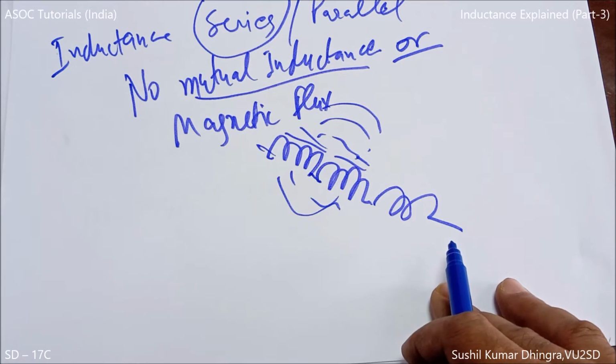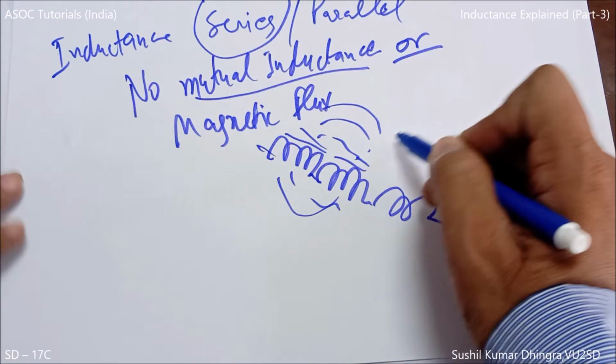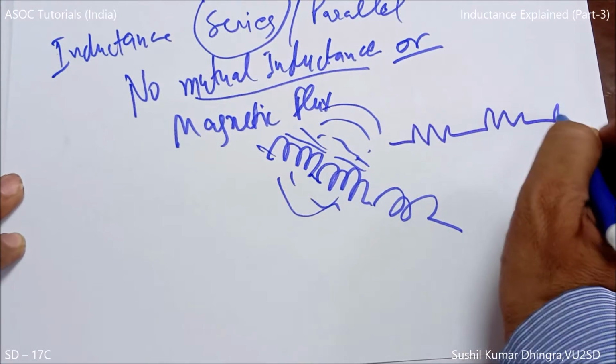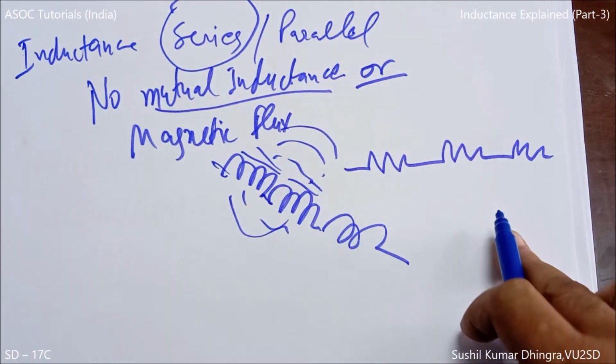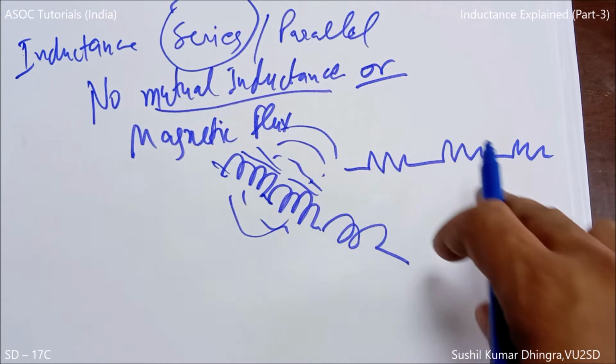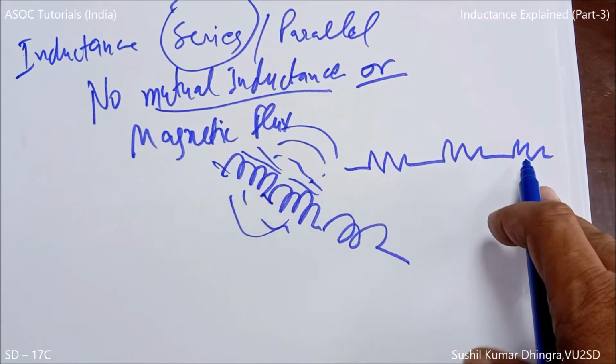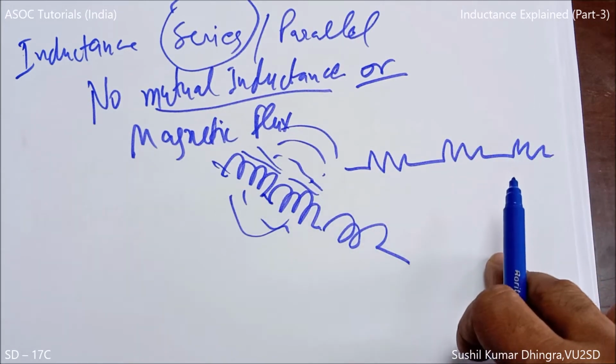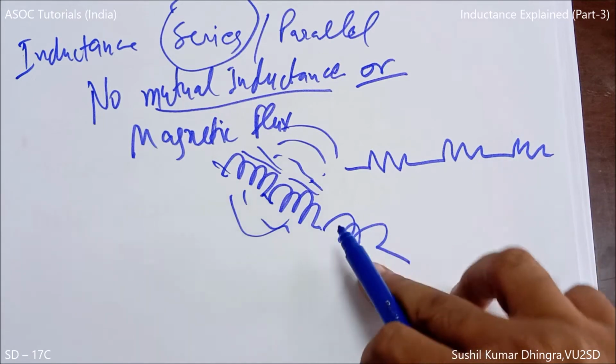If you remember in the resistors in series tutorials, we have seen that the different values of resistance connected together in series just add together, and this is true in the case of inductance also.